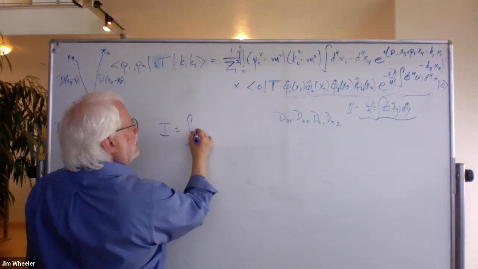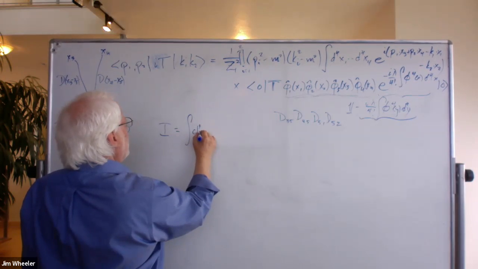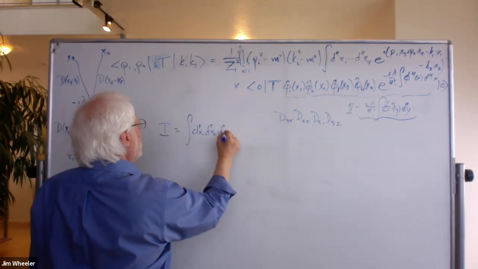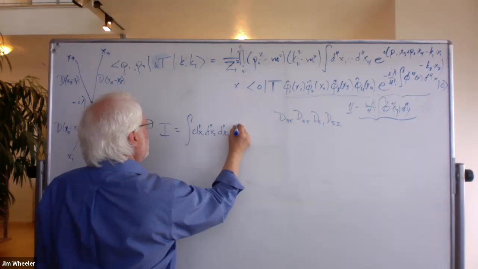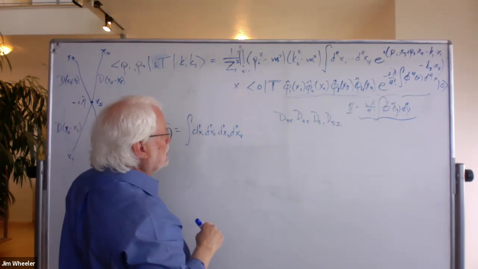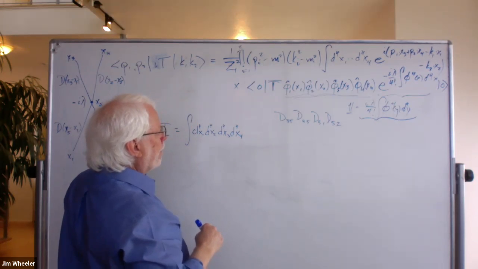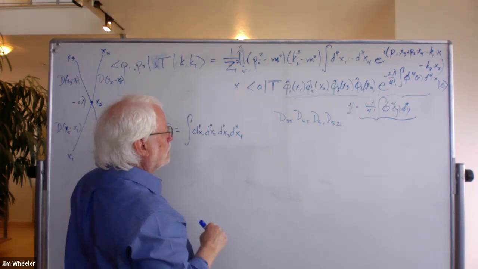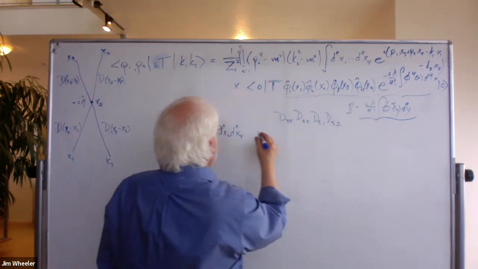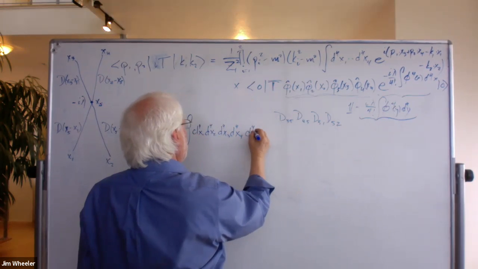So we're going to have integrals over d4 x1, d4 x2, all 4 of these. And then each of the propagators, this is going to give us a d4 x5.